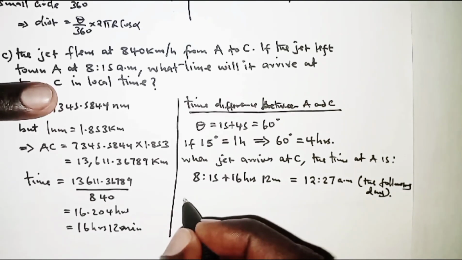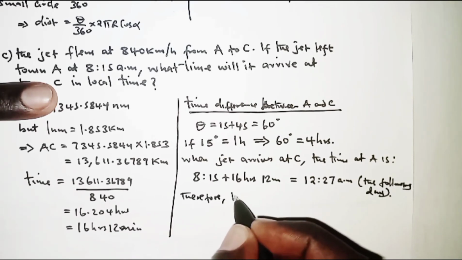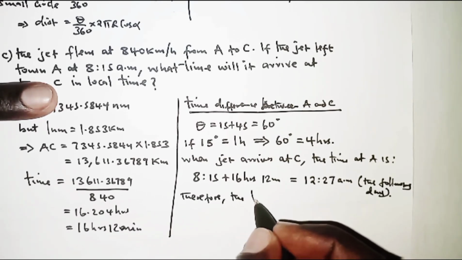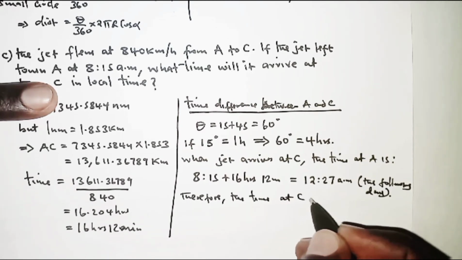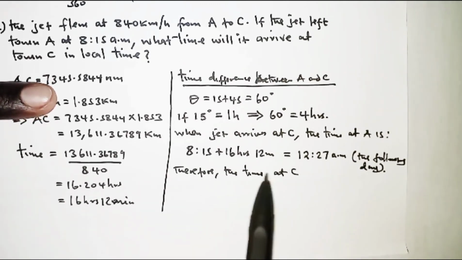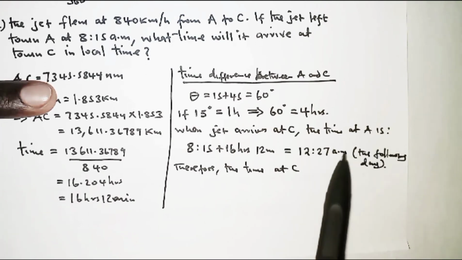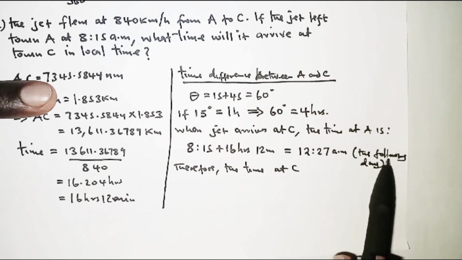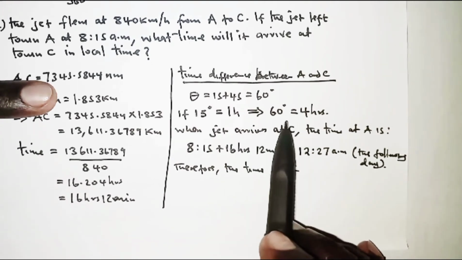Therefore, the time at C will be obtained as follows. So by the time the jet arrives at C, the time at A is 12:27 a.m. and at that particular time we know that the time difference will always remain to be 4 hours between the two towns.